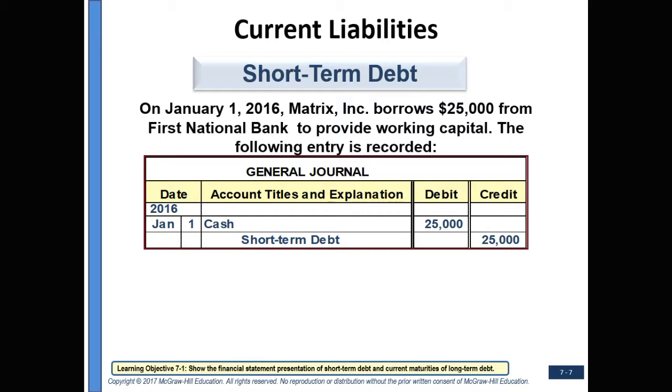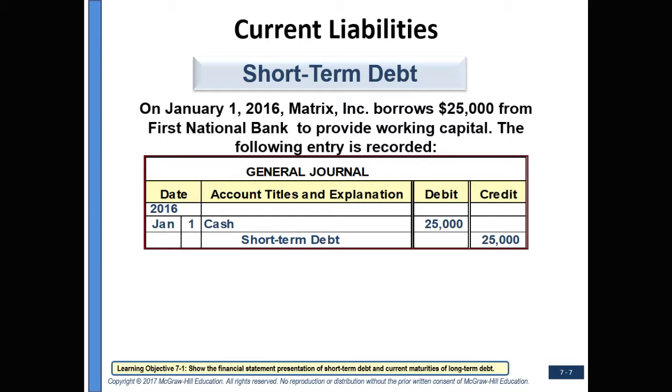To illustrate short-term debt, we're going to use Matrix Incorporated, who borrowed $25,000 from First National Bank to provide working capital. They had not quite enough liquid funds, so they went to the bank and they borrowed $25,000.